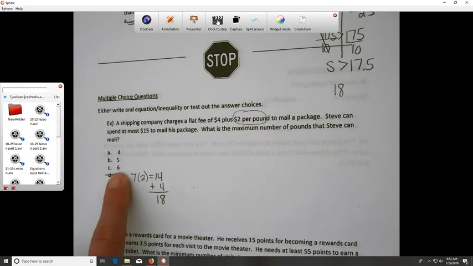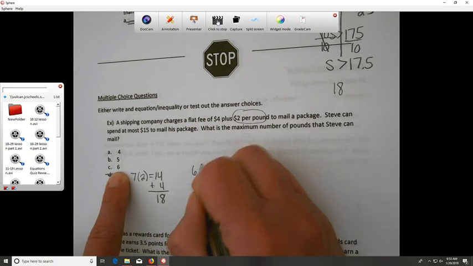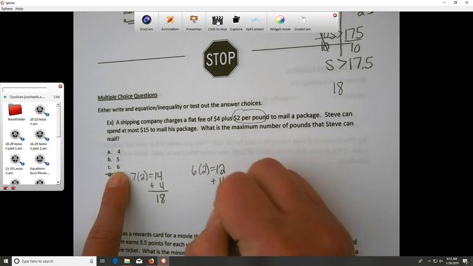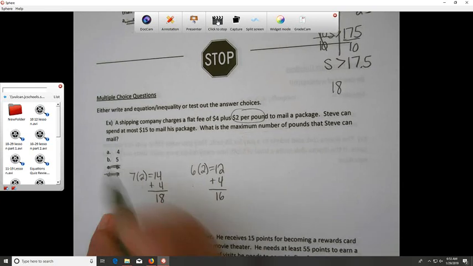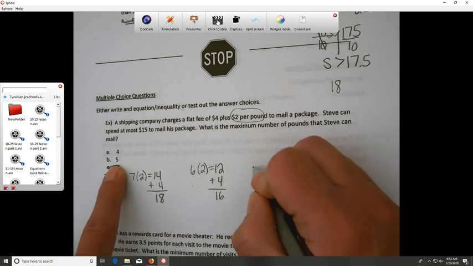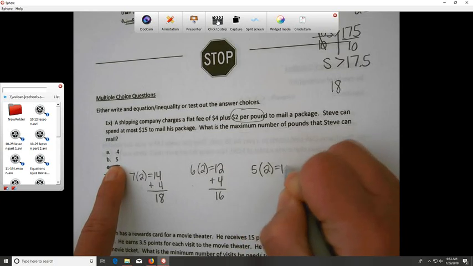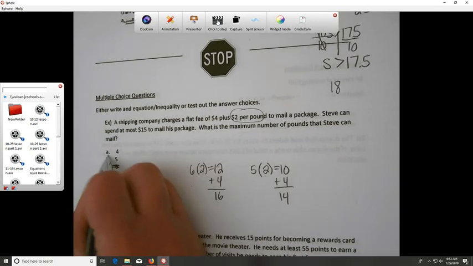So then you would try 6. So I would say, okay, if it's 6 pounds times $2 a pound, that's $12, plus the 4 is $16. Nope, he only has $15. So then we try 5. Alright, 5 pounds times $2 a pound is $10, plus the $4 fee is $14, and he does have enough money for that.